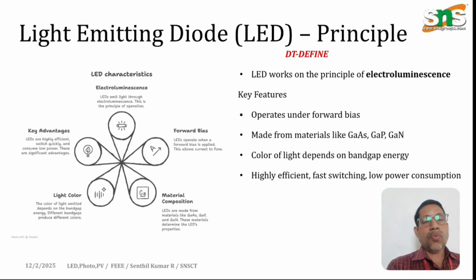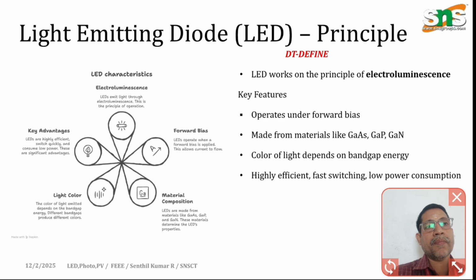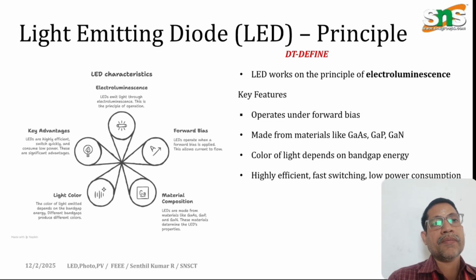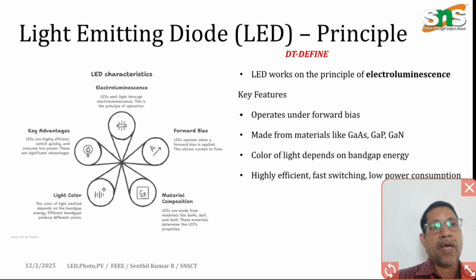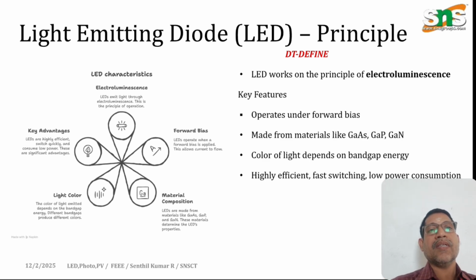Yes, this one is a light emitting diode. The principle of operation is electroluminescence, which is already discussed. The key features or operating characteristics are displayed here on the left hand side.